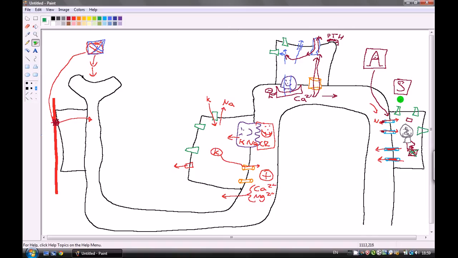You don't get sodium loss from the cell, therefore you don't get potassium coming in. Therefore, again, you don't get potassium waste or potassium excreted in the urine. Therefore, again, this is also known as a drug that will cause hyperkalemia. So you can also use this for an increase of potassium.